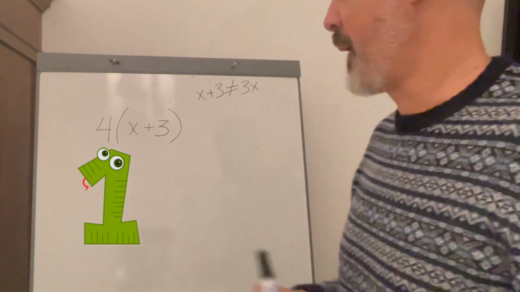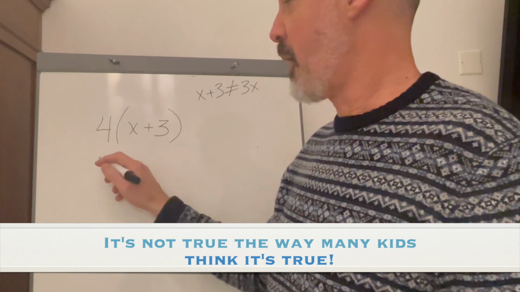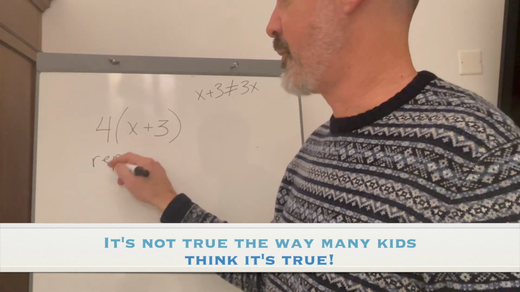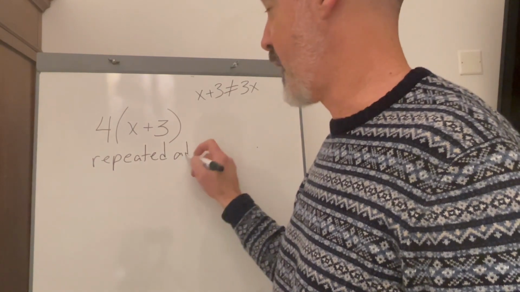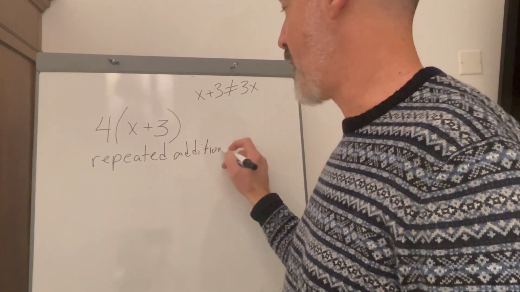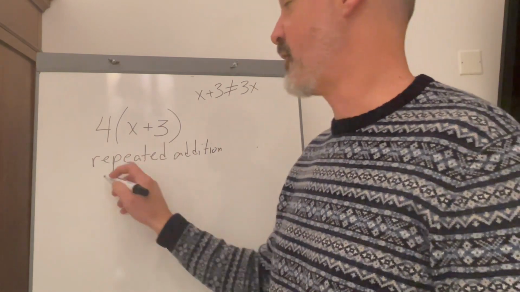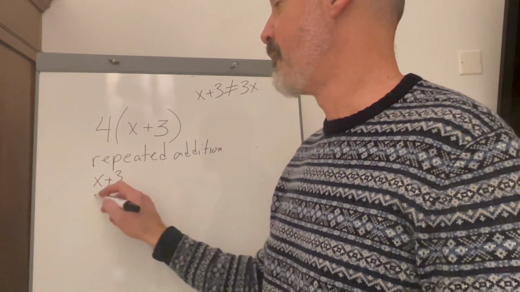Okay, anyway, so this could also be thought, as we've talked about in my other video with distributive property, this is repeated addition, as all multiplication is. I think it benefits students to think about this as x plus 3 4 times.